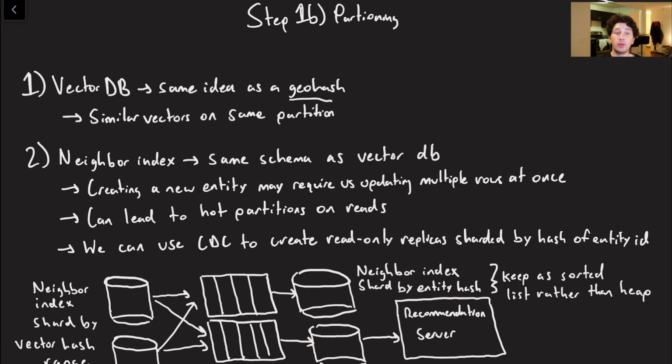Because when I'm running a query and I want to see the nearest vectors to me, it's most useful when all of the vectors that are close to me, in my same bounding box, are on my partition. What that really means in reality is that it's basically just range-based partitioning on the vector hash.